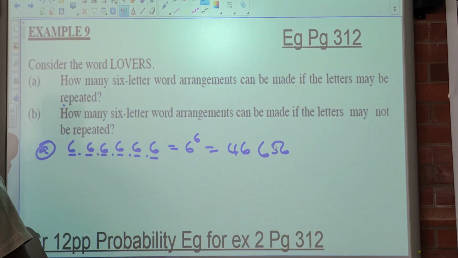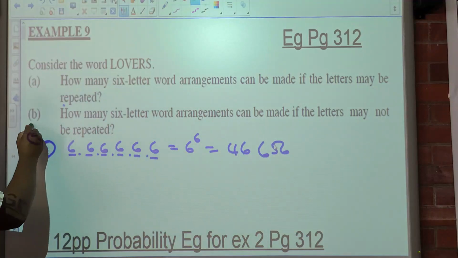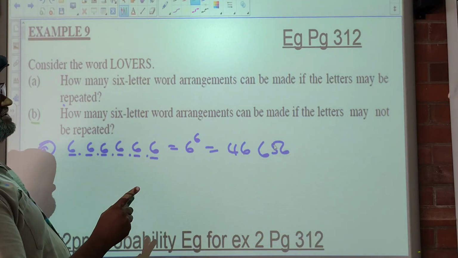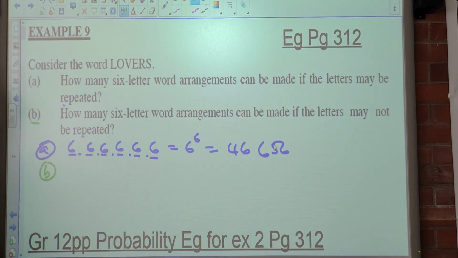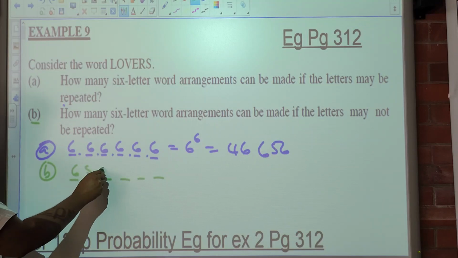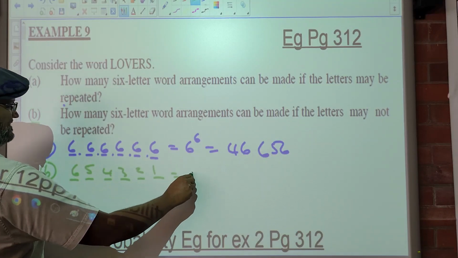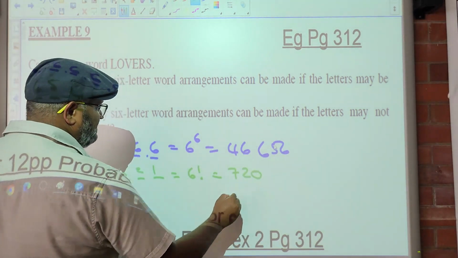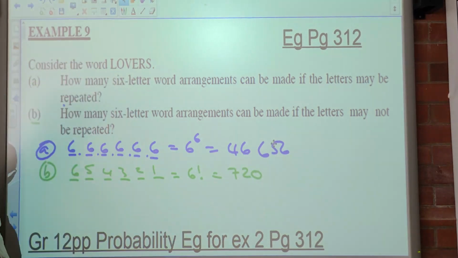Okay. Let's look at B. How many 6-letter word arrangements can be made if the letters may not be repeated? So it's going to be 6, then 5, 4, 3, 2, 1, which is 6 factorial, which is 720. You all okay with that? Yes, sir.